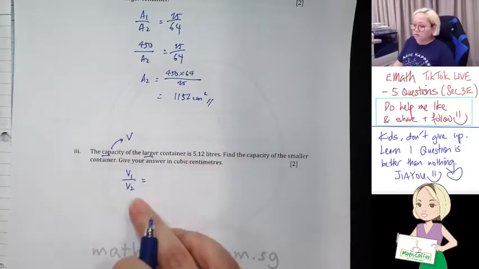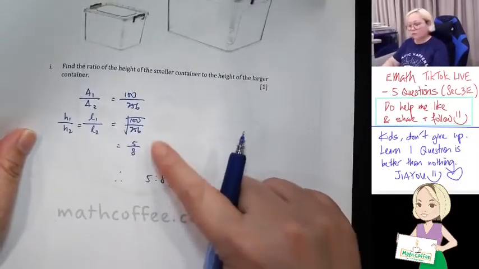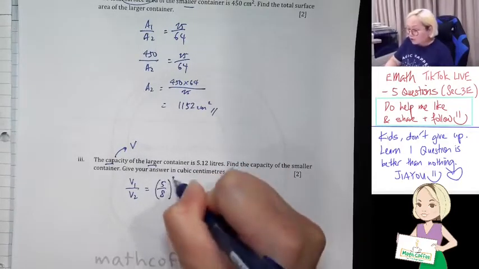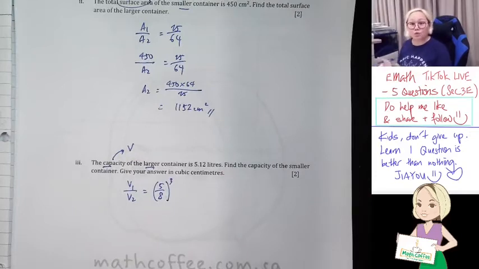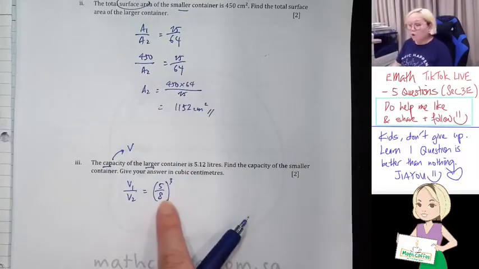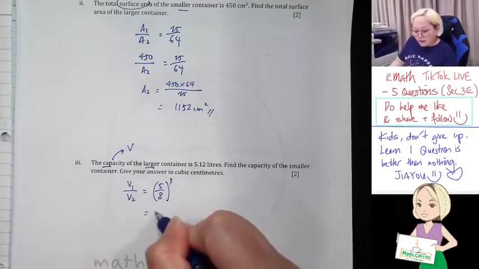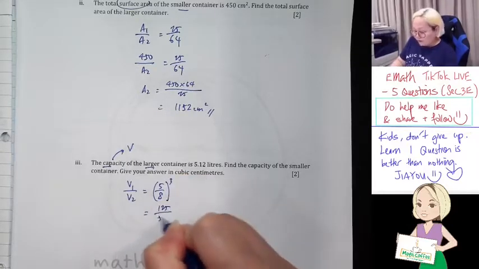You need to take your length ratio, which just now we found out was 5:8, which is 5/8, and cube it. Always remember to use the length ratio to cube it. Some students take the area ratio and cube it. Wrong. Always take the length ratio and then cube it. Then after that, I will get 125 over 512.